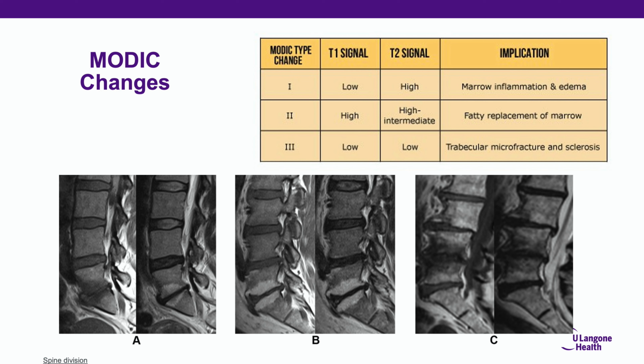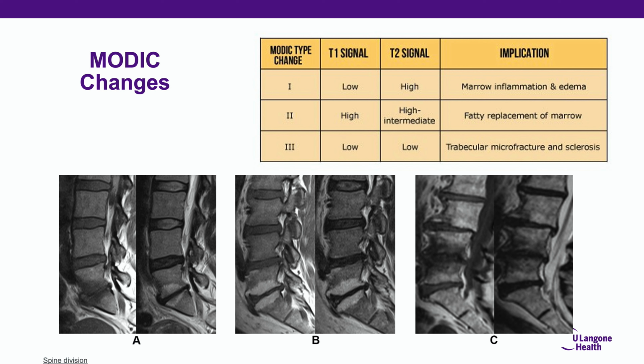It's also important to mention Modic changes. Modic first described them in 1988. They describe changes to the end plate in relation to this disease. They show 3 types of end plate change.